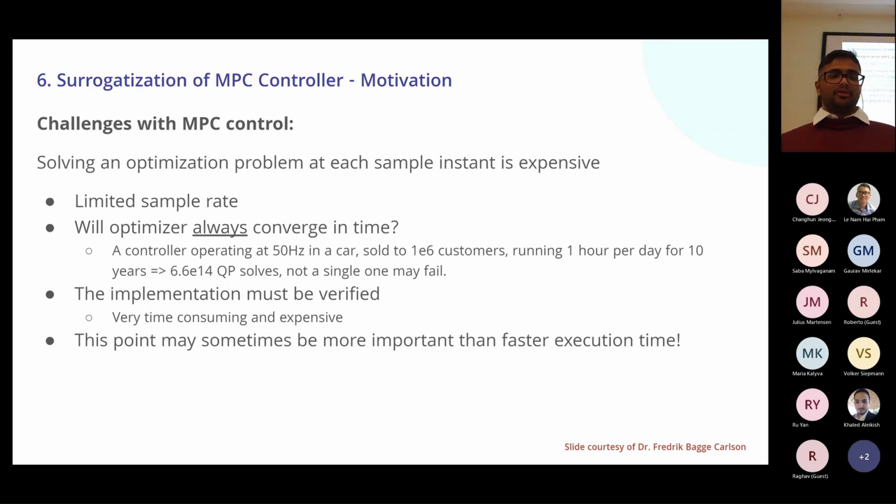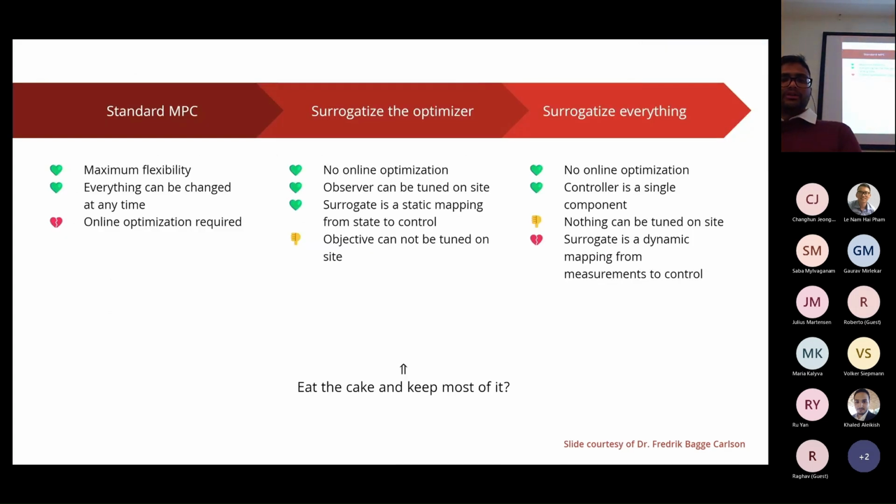The motivation for surrogatization is that you must have an optimizer that is verified, and this is time consuming and expensive. In terms of philosophy, that is the standard MPC. The other alternative is you just surrogatize everything, the observer and the controller, and that ends up being a static surrogatization.